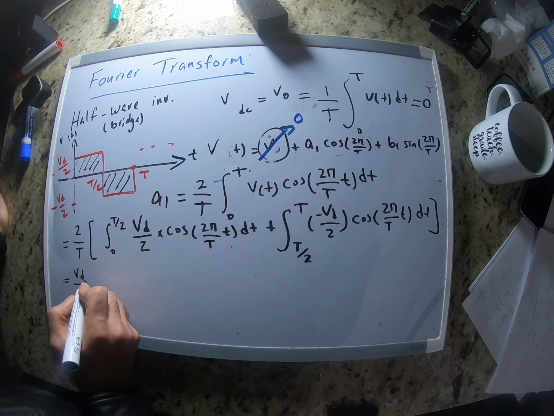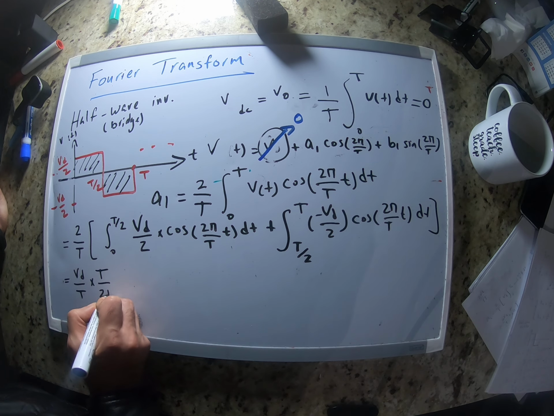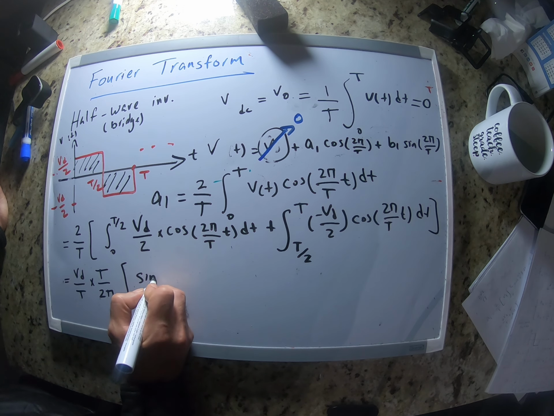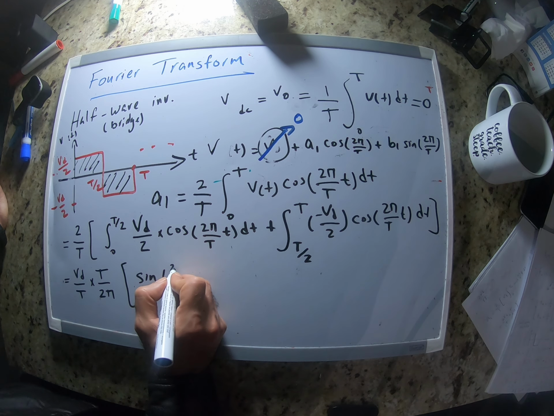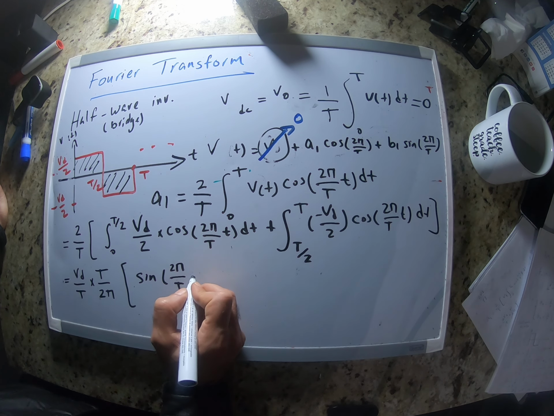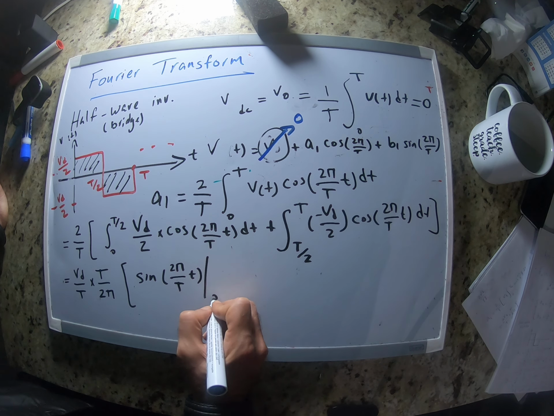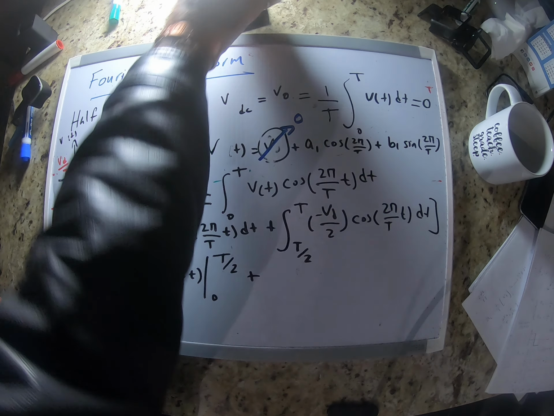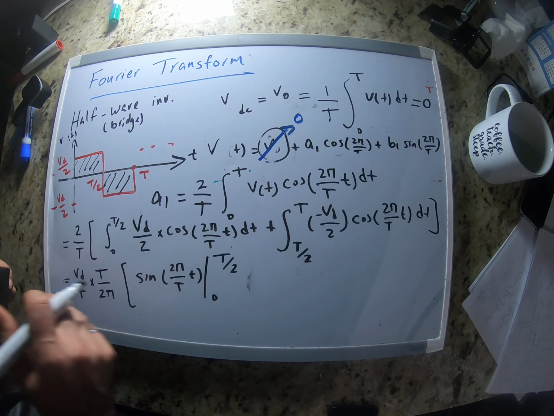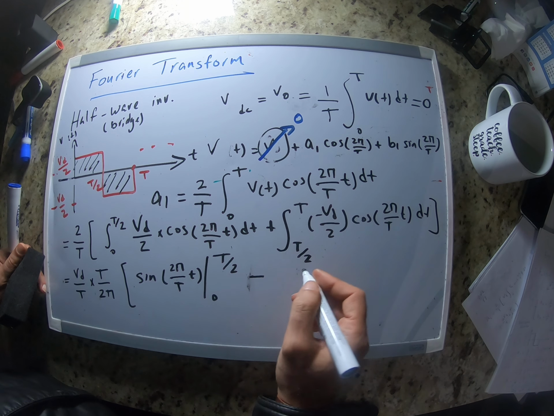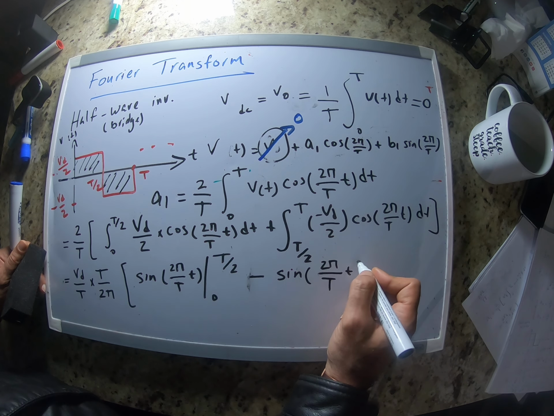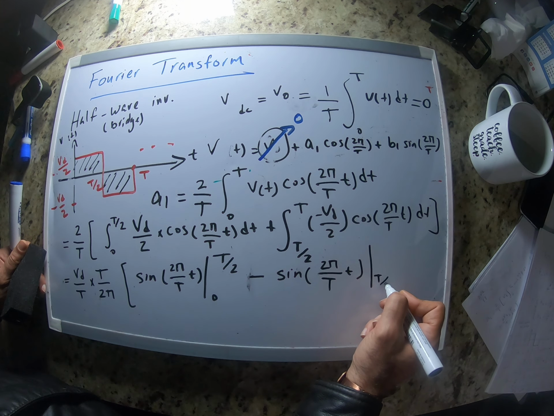So then we would have Vd over T times T over 2 pi times sine of 2 pi over T times t from 0 to T over 2, plus, actually minus because it's a negative Vd, so minus sine of 2 pi over T times t from T over 2 to T.